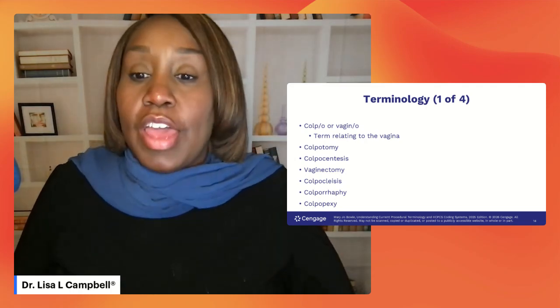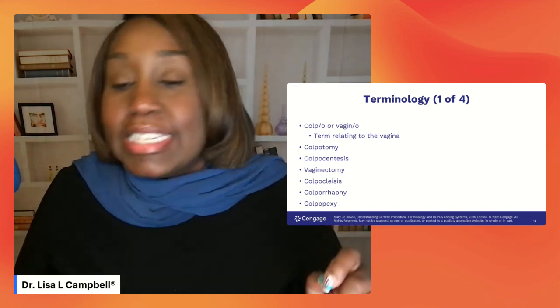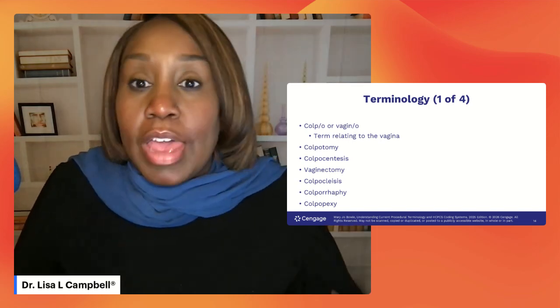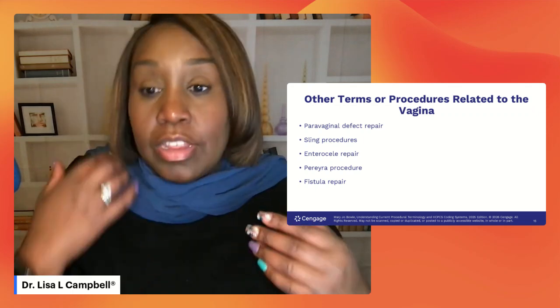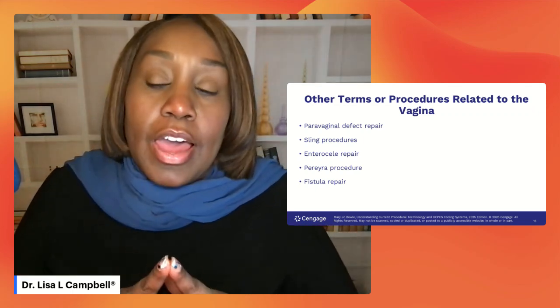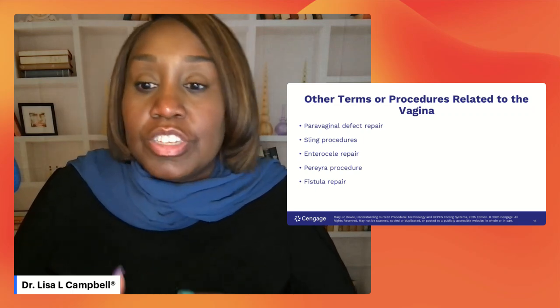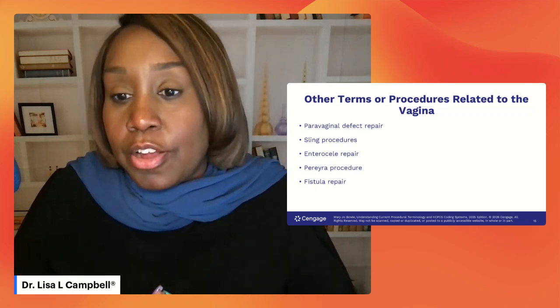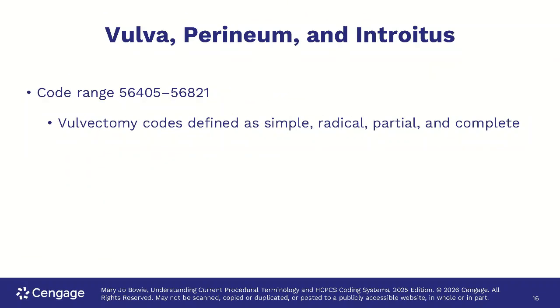Okay, so you have vaginectomy, you have colpocleisis, you have colporrhaphy, you have colpopexy. You saw pexy in another chapter, right? You have vaginal defect repair, sling procedures, enterocele repair, Pereyra procedure, and then fistula repair. And listen, the list just keeps going on and on and on.